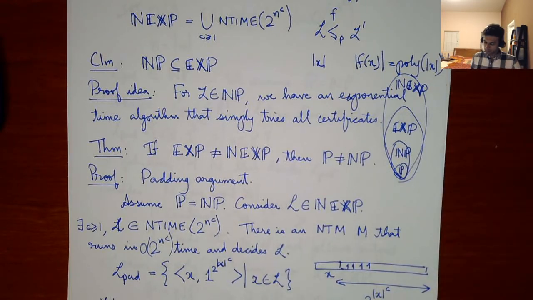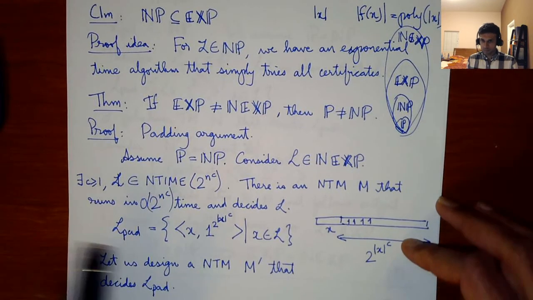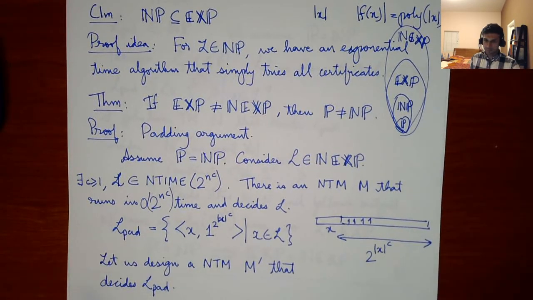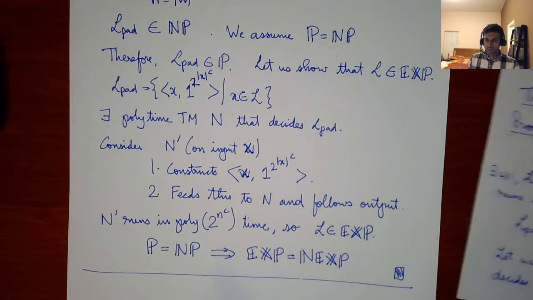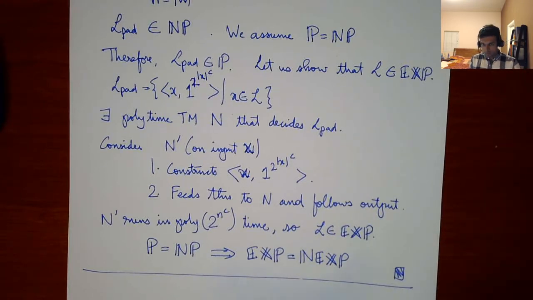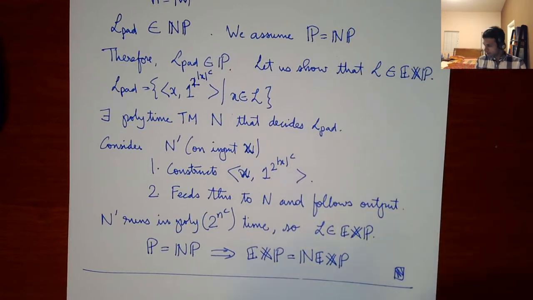Then we pad it to form a new language that can be decided in NP. But because P equals NP, it can be decided in P, and from there we can take the original input and make a Turing machine that decides it in EXP, because it just does the padding operation and then passes it to the Turing machine. Precisely, that's exactly the argument.